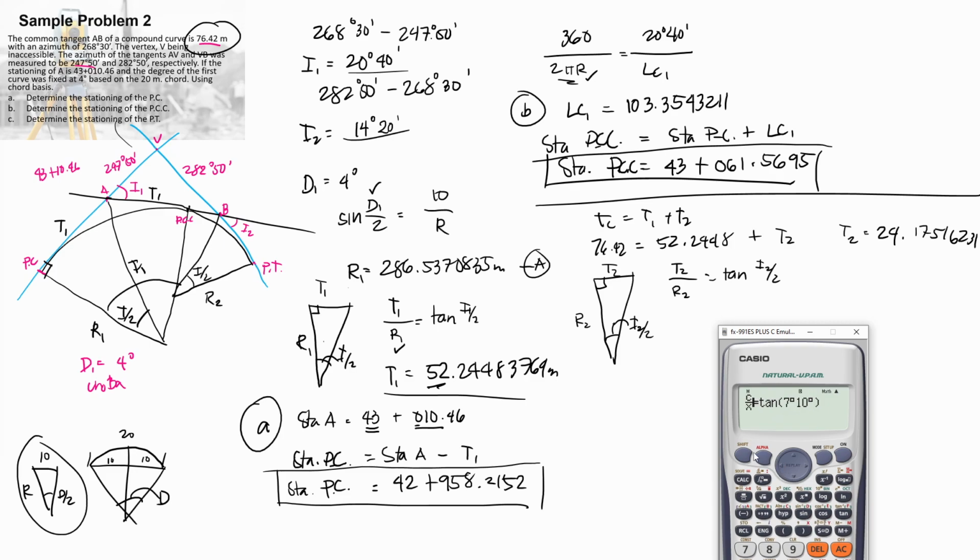Okay, shift solve. Solve for x. So, 192 yung radius natin. So R2 is equals to 192.2656074 meters. So, store ko siya kay D.